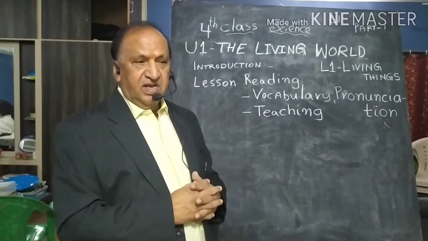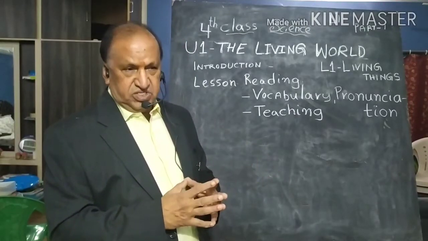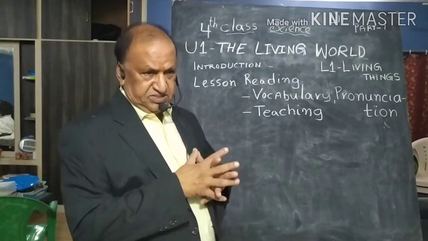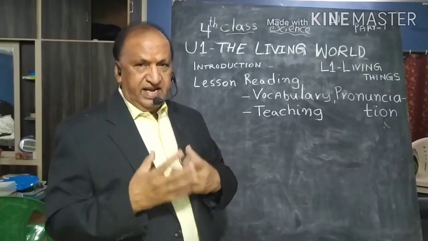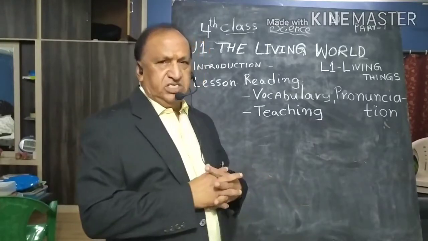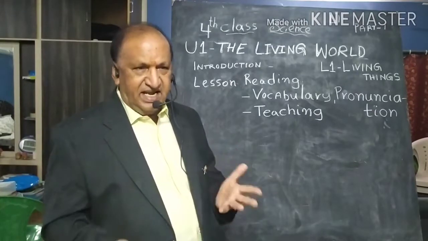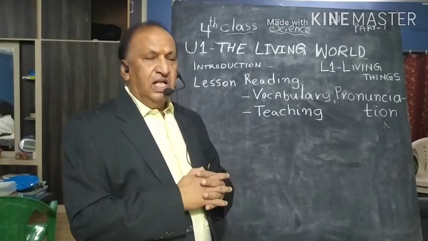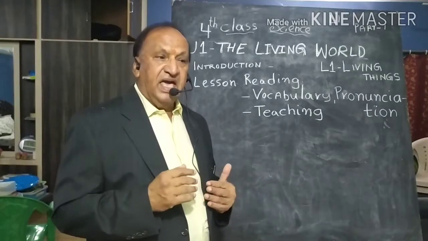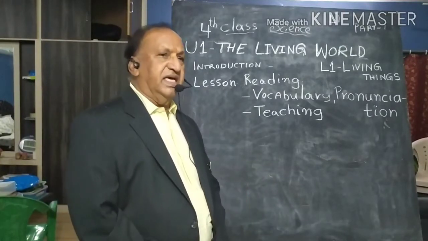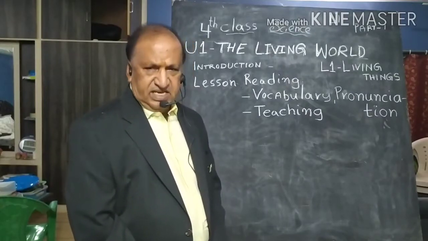Some of them, like for example, cat and dog, give birth to babies. Chick, you have an egg, and then the egg turns into a chick from the chicken. And similarly, plants and leaves. So all living things reproduce their own kind. So that is the lesson here.